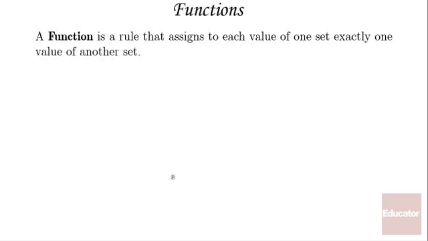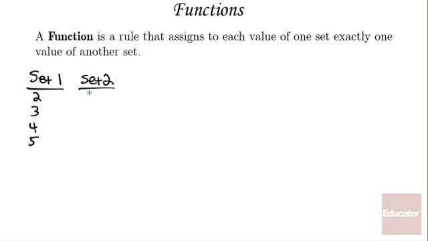Okay, a function is a rule that assigns to each value of one set exactly one value of another set. This is most easily understood through an example. Let's say that I have two sets, set 1 and set 2. And my values for my first set are 2, 3, 4, 5.